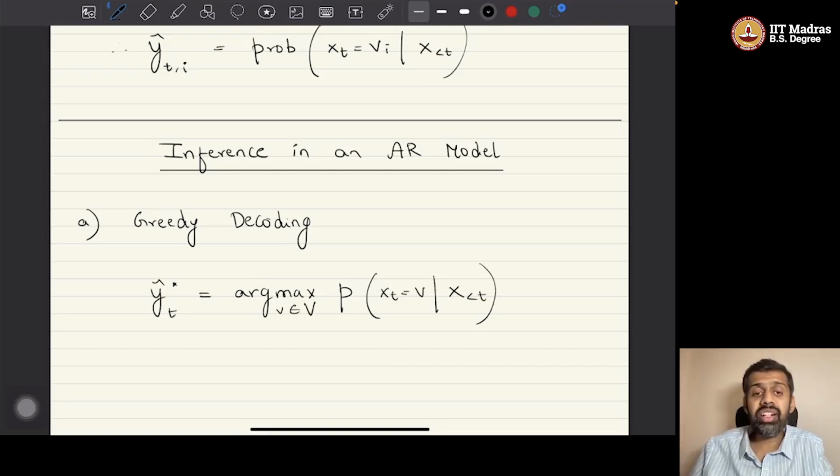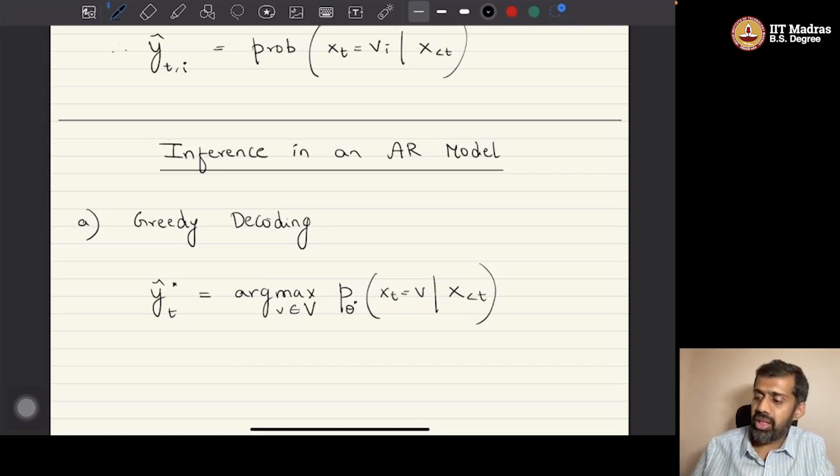So what we are doing is that, as we saw, at every time step, the output of the transformer will be a distribution over all possible tokens in the vocabulary. So you choose that token which would correspond to the maximum. This is p theta star. You choose that particular token corresponding to the maximum value over that softmax that the transformer is giving at every time step. So this is called greedy decoding.